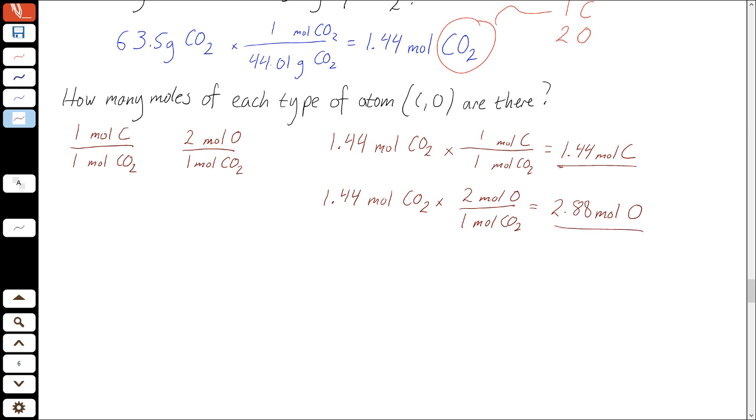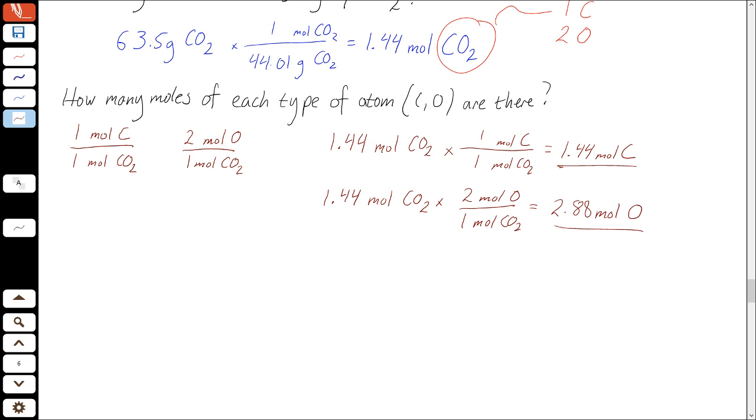This idea kind of messes with people sometimes because it seems like we're saying that we have more oxygen than we have CO2. It seems like if we have 1.44 moles of CO2, part of that should be carbon and part of that should be oxygen. But that's not right because we're not talking about the mass. We're just talking about counting it.